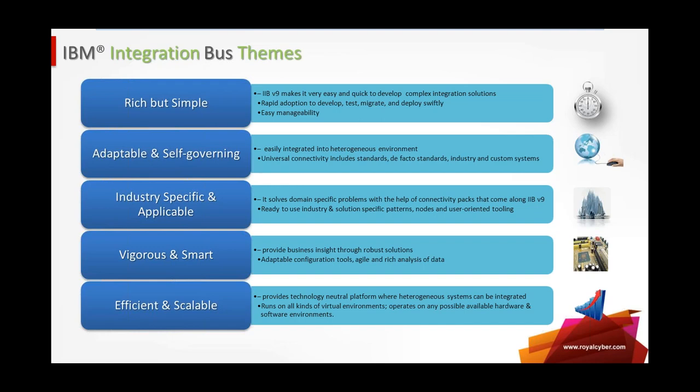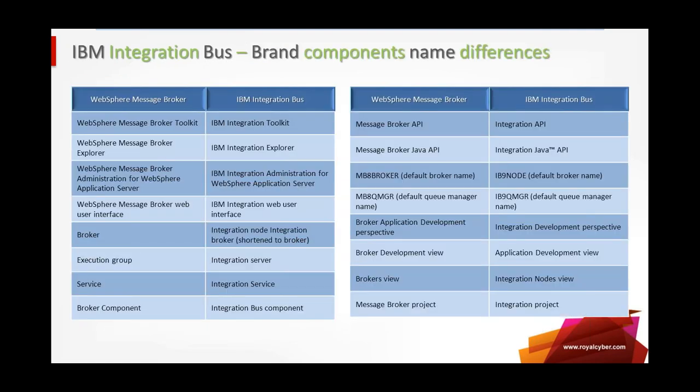Now we move to the next topic, where I would like to talk about the cosmetic or component name changes in IIB 9, because when you migrate your flows or resources into IIB 9, you have to take care of these names. In the earlier version, the broker was called WebSphere Message Broker. Now it's called IBM Integration Bus. The WebSphere Message Broker Toolkit is now known as IBM Integration Toolkit.